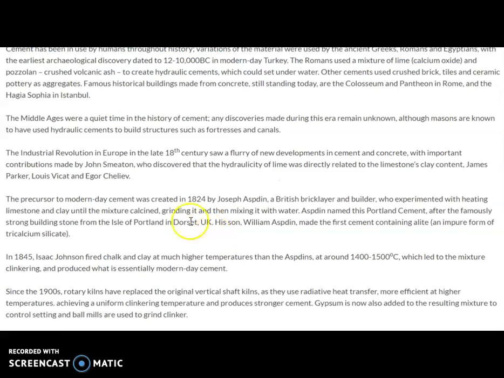Okay. Now, what is modern day cement? That was created by a Britisher who experimented with heating of limestone and clay until the mixture calcined. Then he started grinding it and mixed it with water. He realized that it is setting very nicely. So then this Portland cement came into existence. Now why it is called Portland cement? Because the stones which were used were from Isle of Portland in UK.